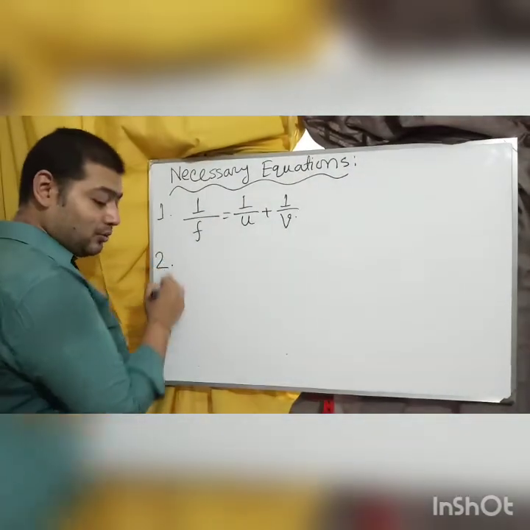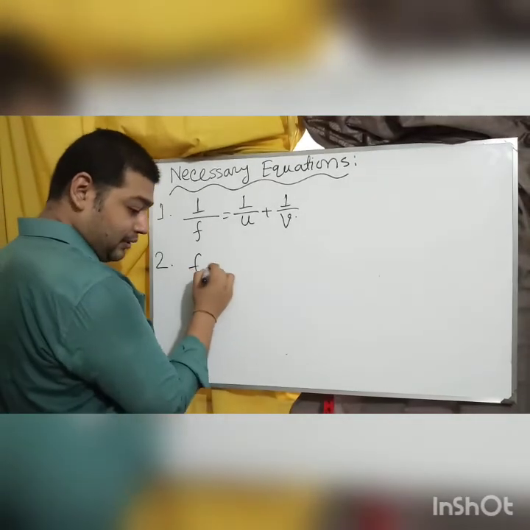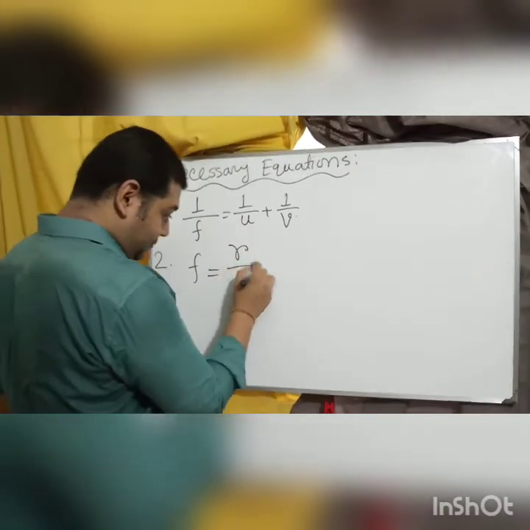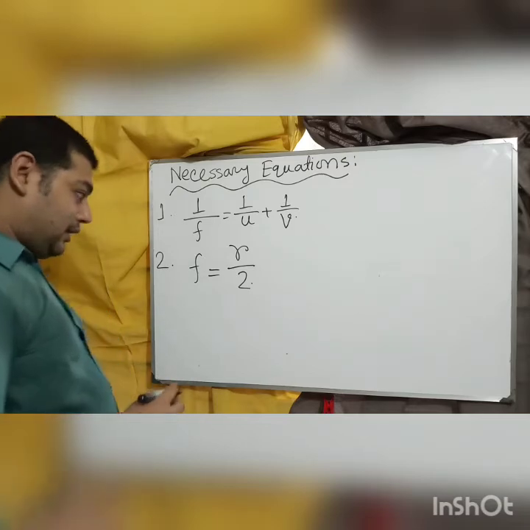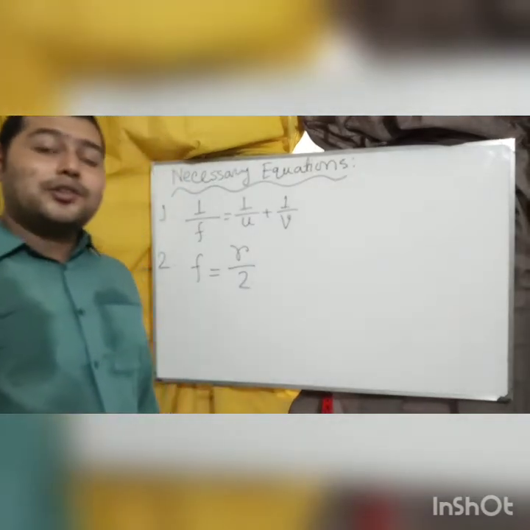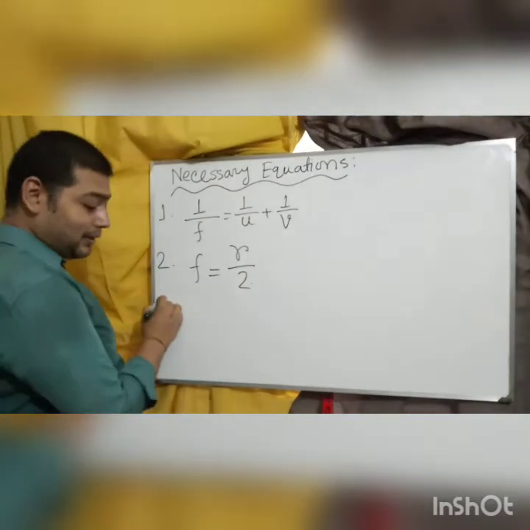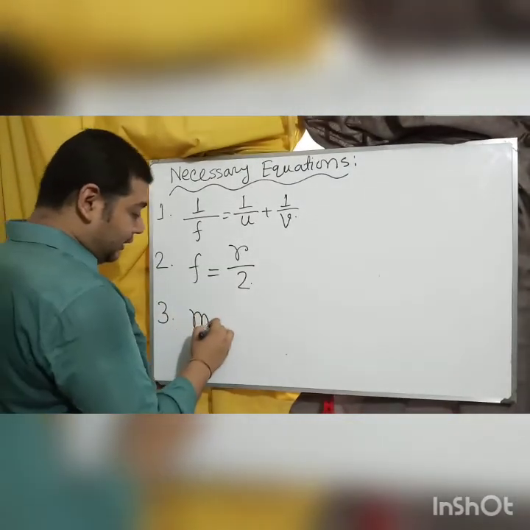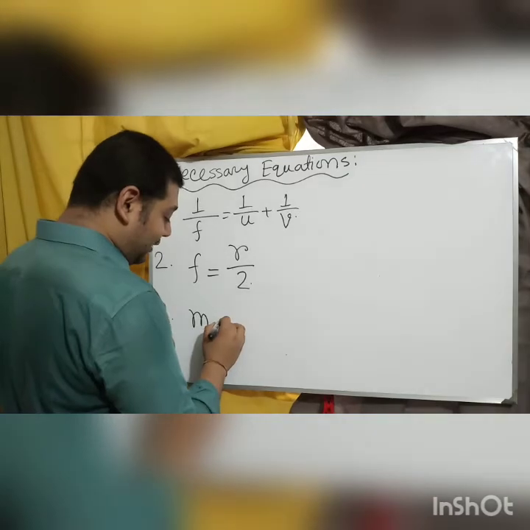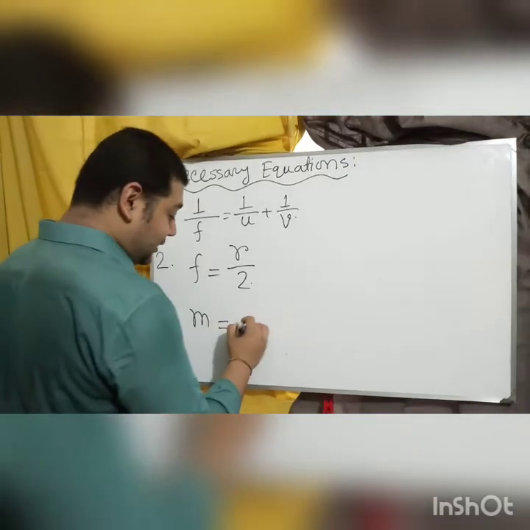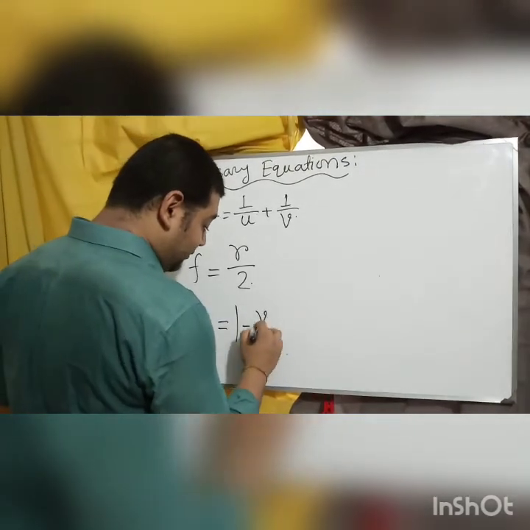Number two equation is f equals r by 2. Here r is called the radius of curvature. And number three, magnification of the image is the modulus of minus v by u.